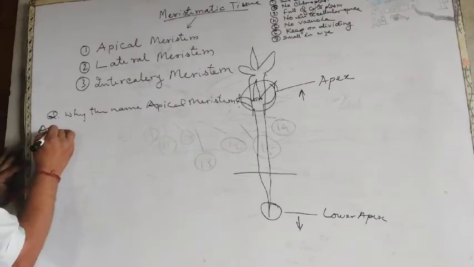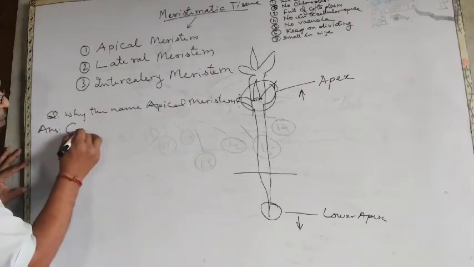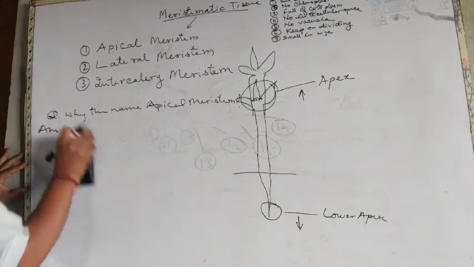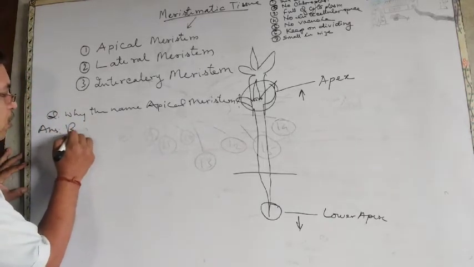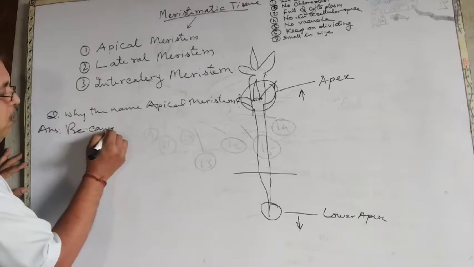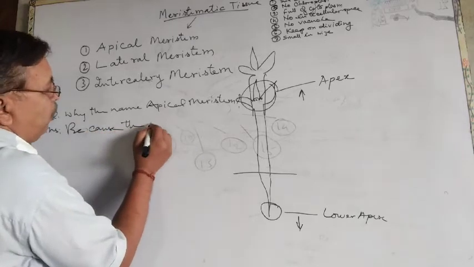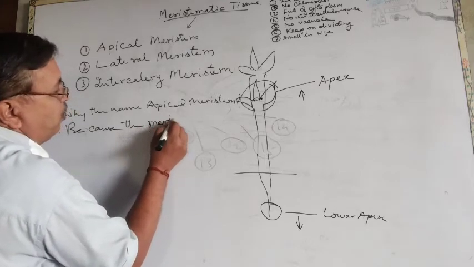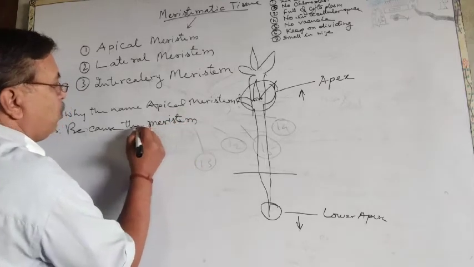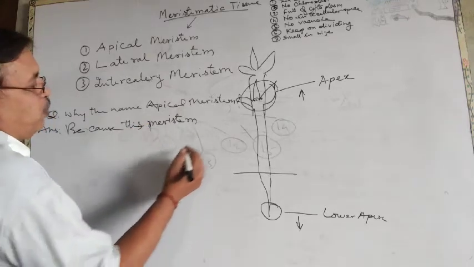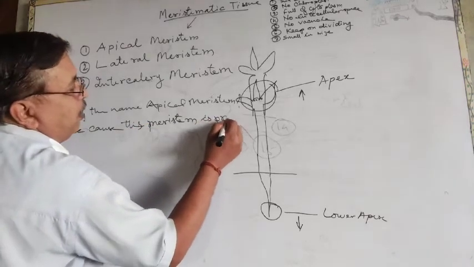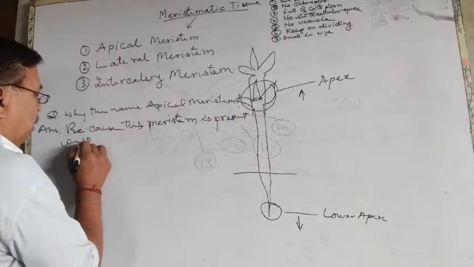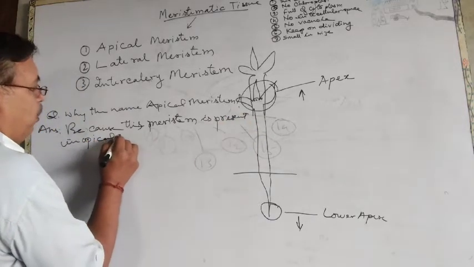The answer is because this meristem is present in the apical region.